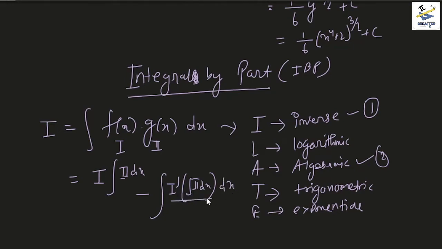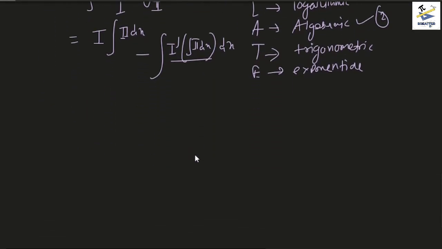So this is how it works. You take the first function and multiply it by the integral of the second, and subtract from it the integral of the derivative of the first function into the integral of the second function. So let us take some examples so as to understand how this works.